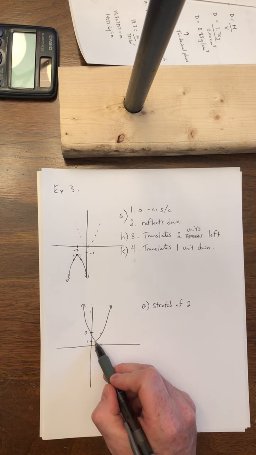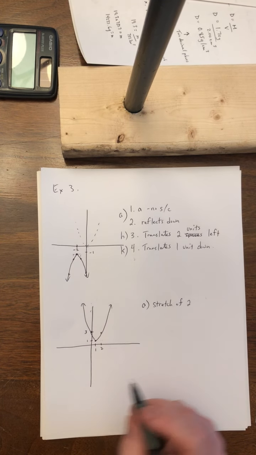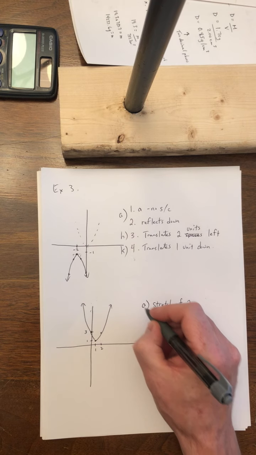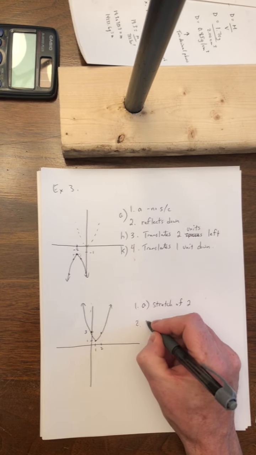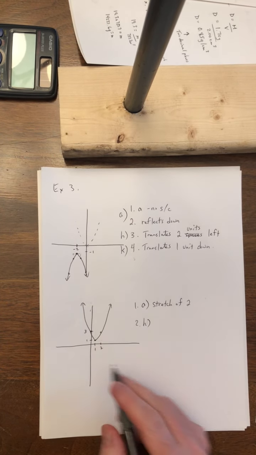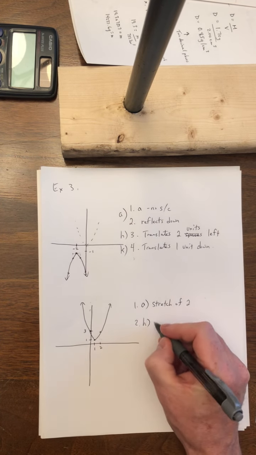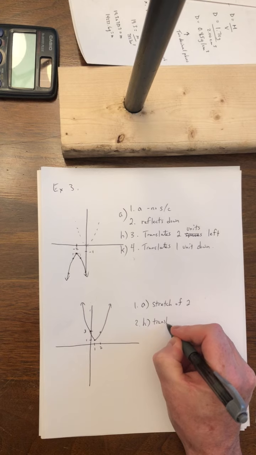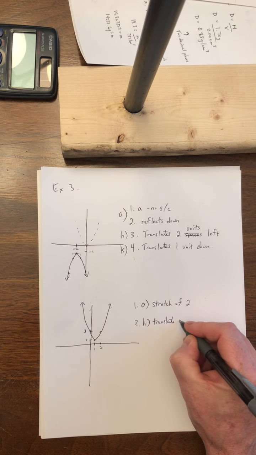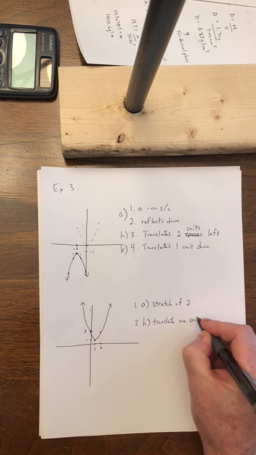And do we reflect down? Are we opening up downwards? The answer is no. For our H value, we do move 1 space, so we translate 1 unit.